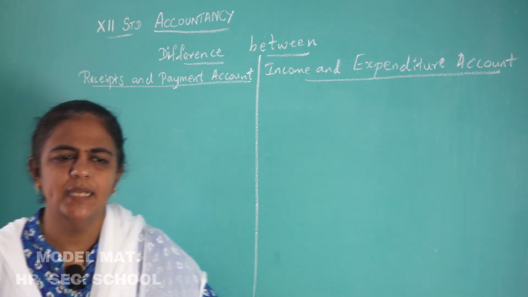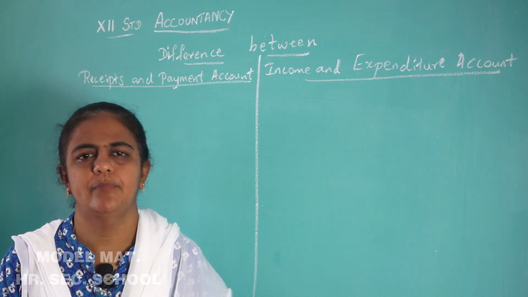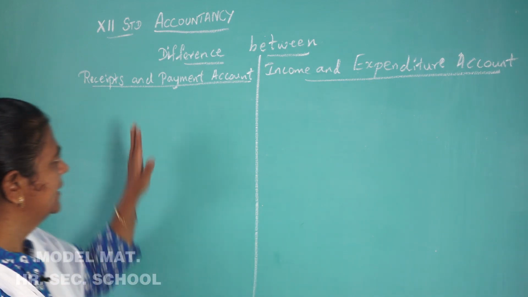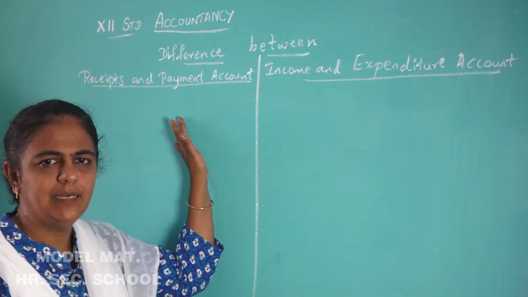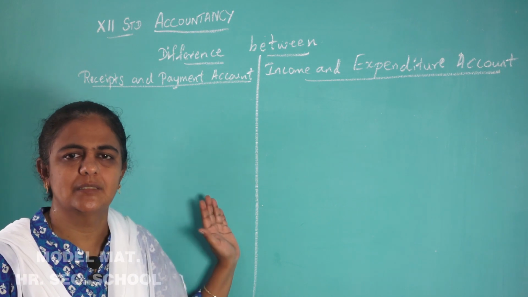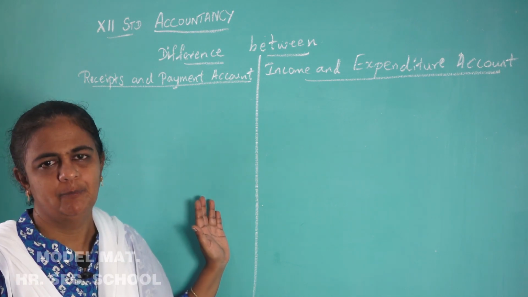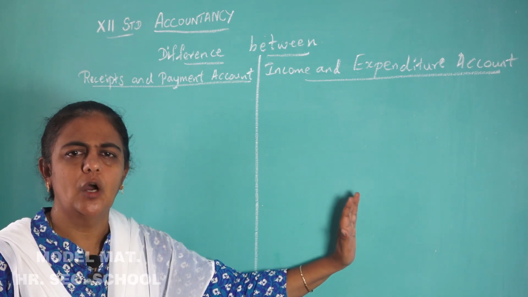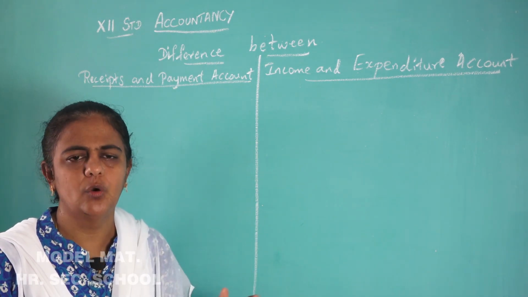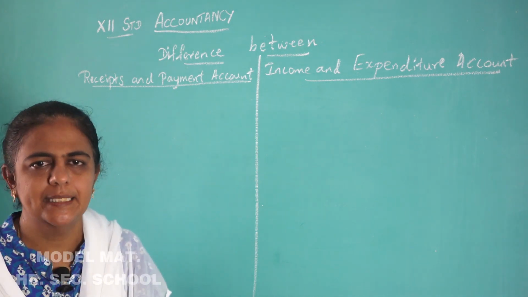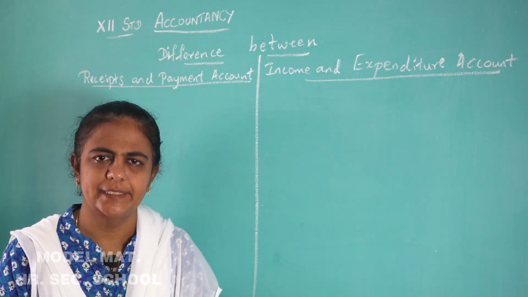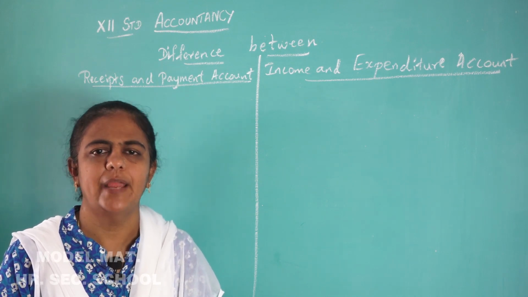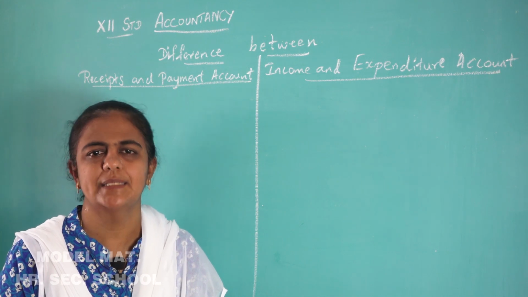Number one, what is the difference between receipts and payments account and income and expenditure account? What for is it prepared? Receipts and payments account is prepared to record all cash receipts and all cash payments. Is it clear? Income and expenditure account is prepared by a non-profit organization to find out whether there is an excess of income over expenditure, that is surplus, or an excess of expenditure over income, that is deficit.